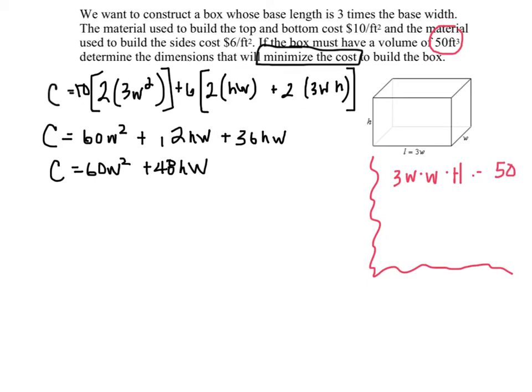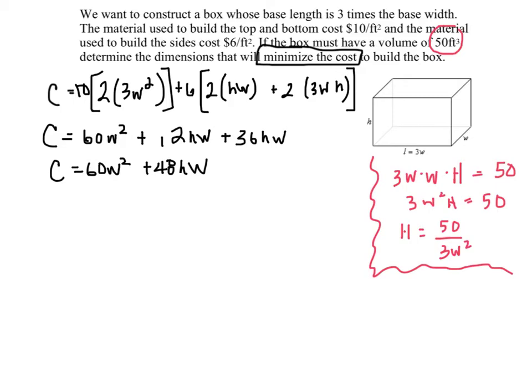So 3W squared H is 50. Now, looking over at my equation, I have only one H, so maybe I'd like to get rid of that. That would probably be the easiest. So I'm going to say that H is equal to 50 over 3W squared.